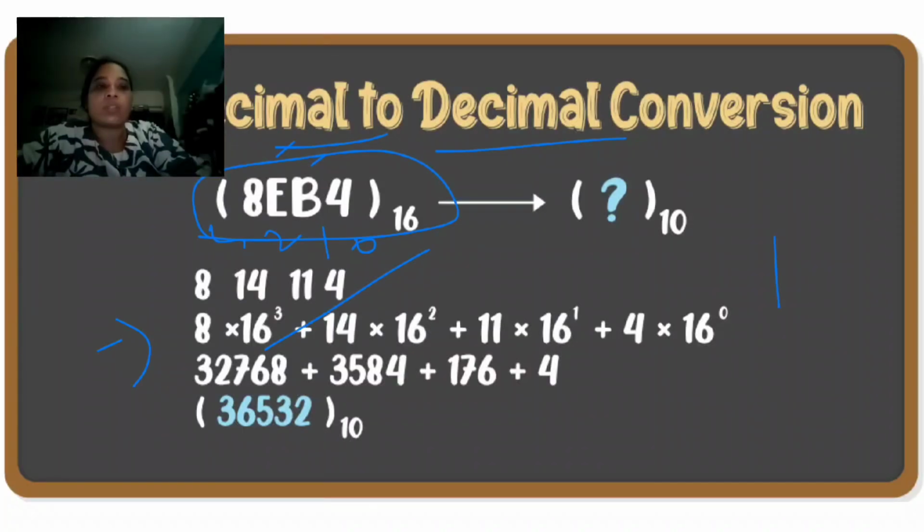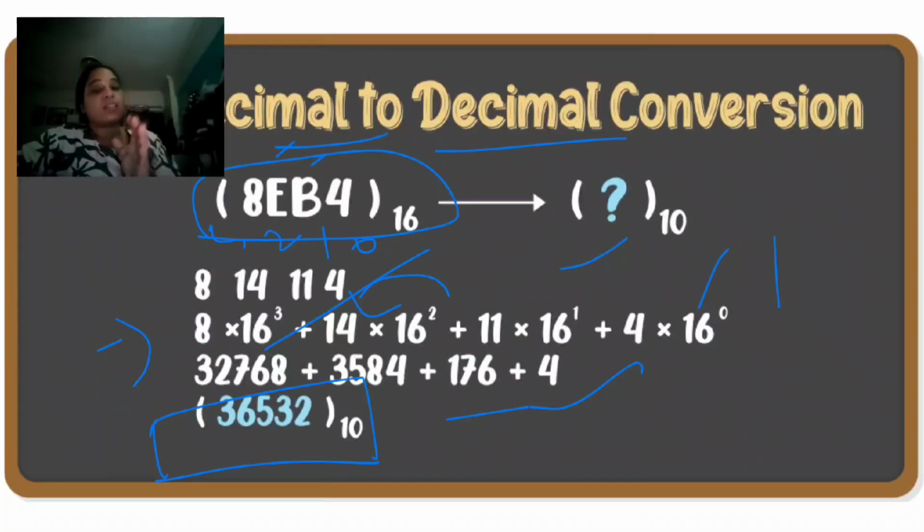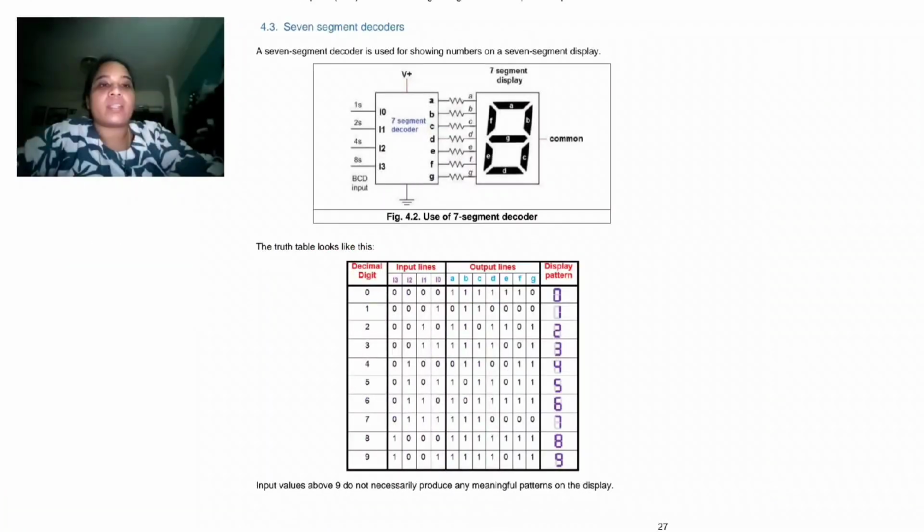So 16 power 0 means 1, 4 into 1 is 4. Next, 16 power 1 value is 16, 11 into 16 is 176. Next, 16 squared we calculate, and then multiply by the previous number. So here you get the value 36532 base 10. That is the hexadecimal to decimal conversion. Okay, it's a very easy thing.